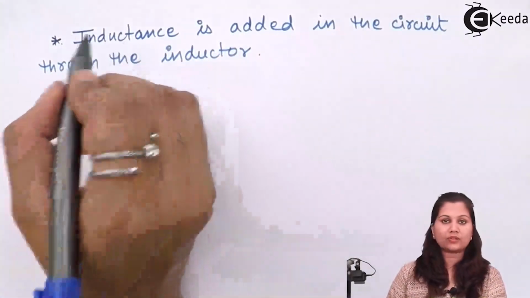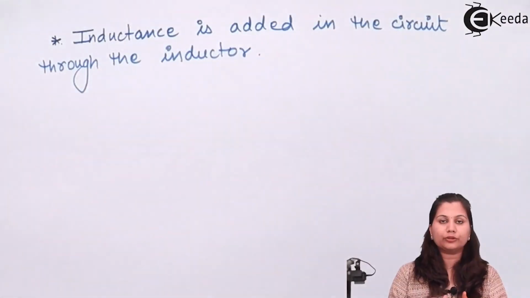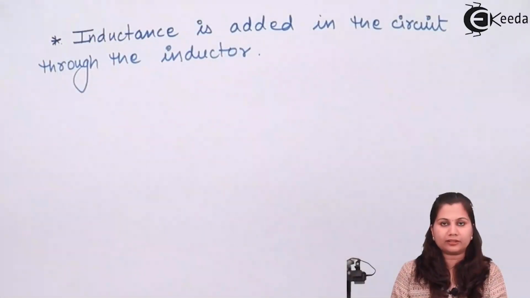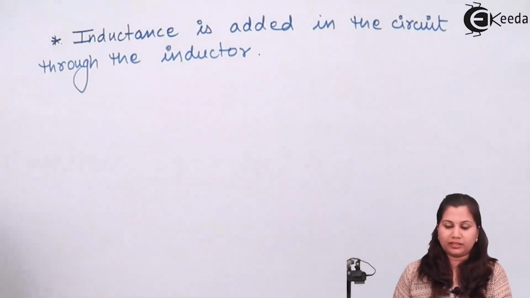So inductance is always added in a circuit through the inductor, just like resistance is the property of a resistor, so inductance is the property of the inductor. So what is an inductor?